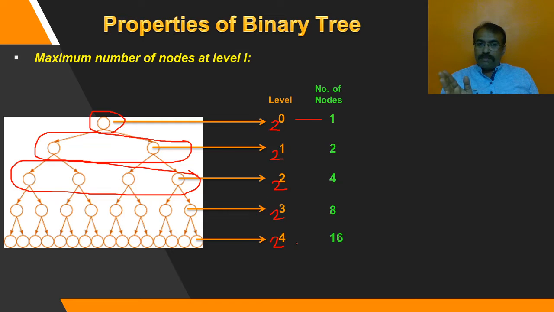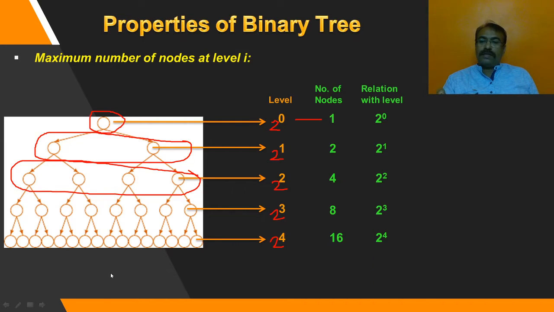So how can I build up the relation between the level number and the total maximum number of nodes it can accommodate? Level 0 will have 2 raised to power 0 nodes. Level 1 is going to have 2 raised to power 1 nodes. Then 2 raised to power 2, 2 raised to power 3, 2 raised to power 4.